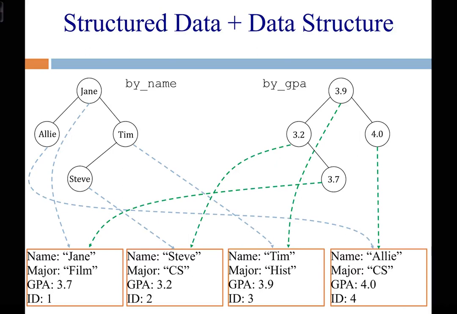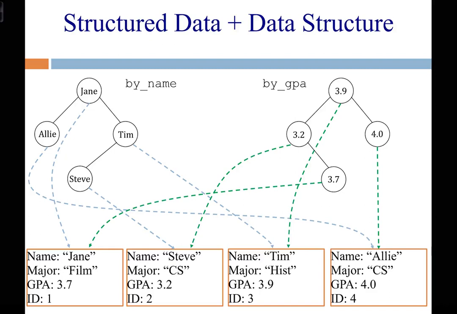If I said, all right, I want to find people by name, so let's sort the entire database by name, and we're talking terabytes of data, and then I want to find them by GPA, so resort it all by GPA, that would never work. These trees don't hold the raw data. They hold some small piece of the raw data, a key.